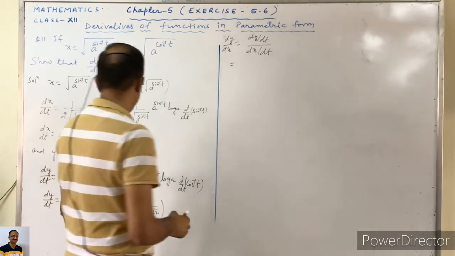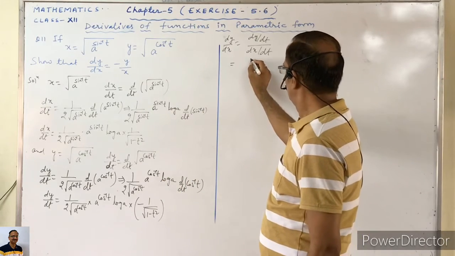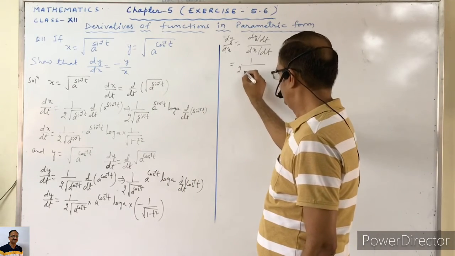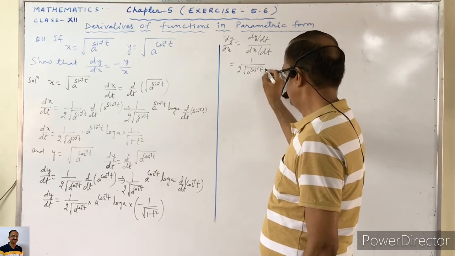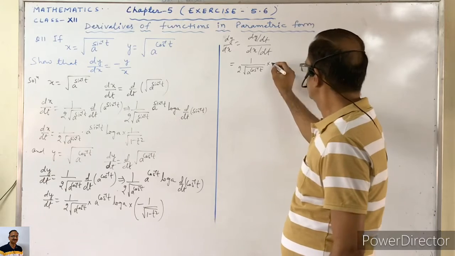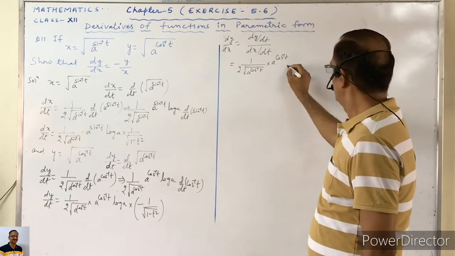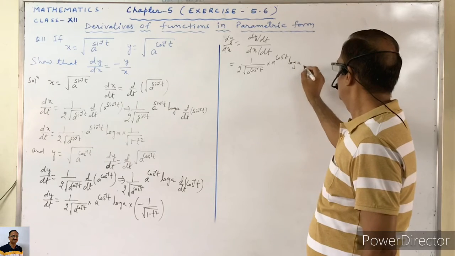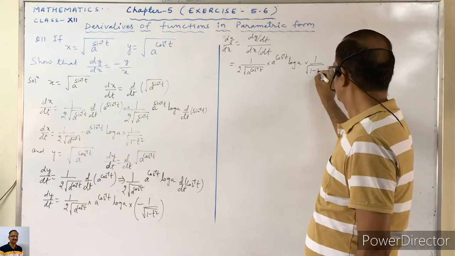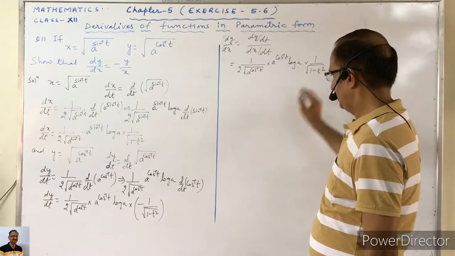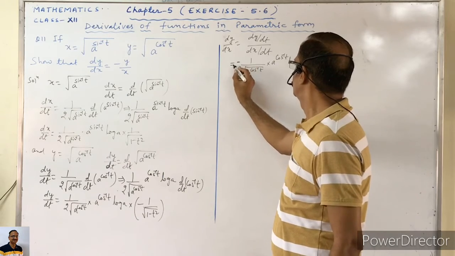So we will write this as 1 by 2 root a raised to power cos inverse t, and this is a raised to power cos inverse t log a, and this is 1 by root 1 minus t square, and this minus we will write in the starting.